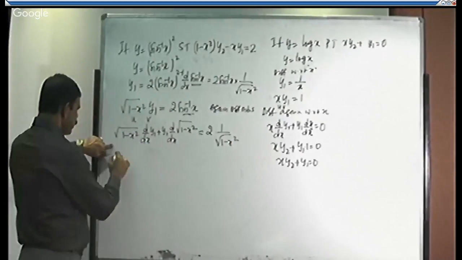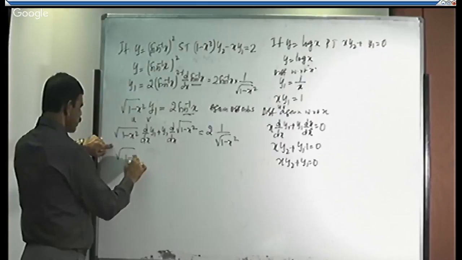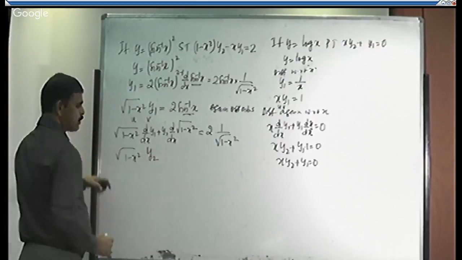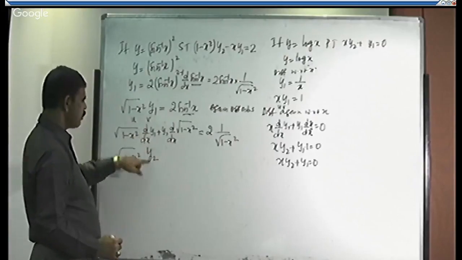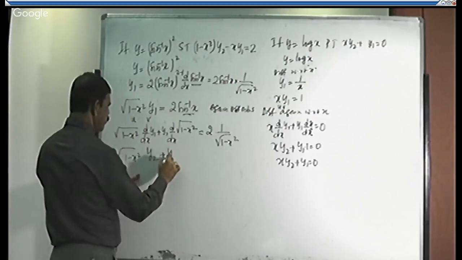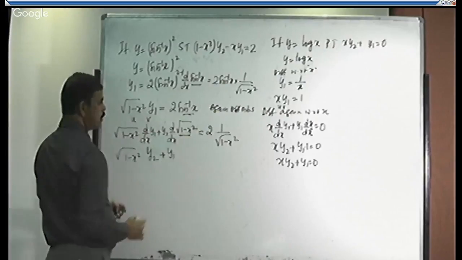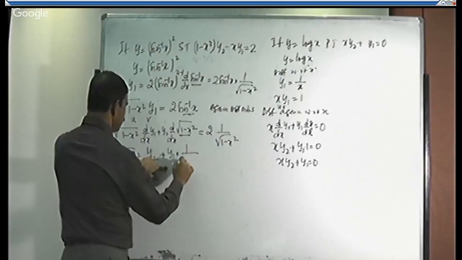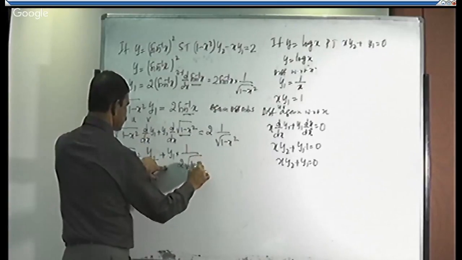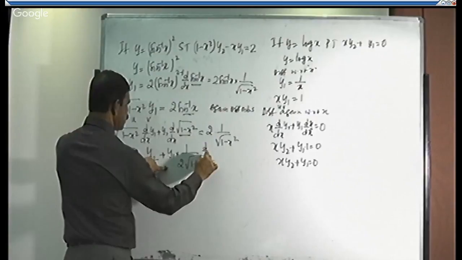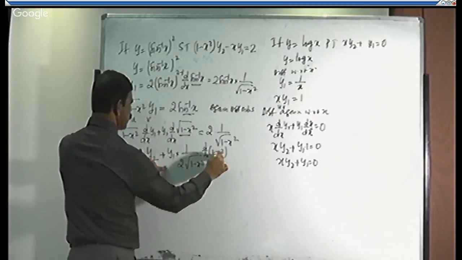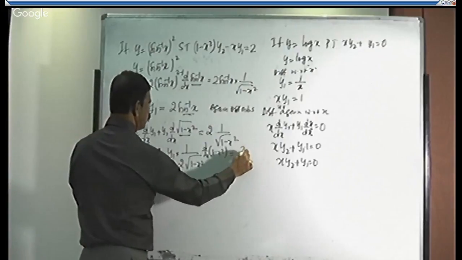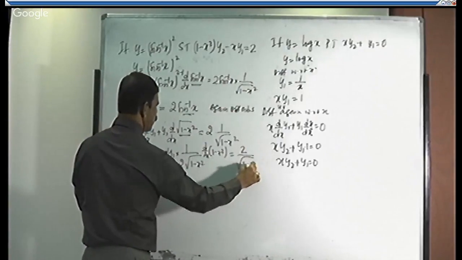Okay. This root of 1 minus x square will be taken as it is. Differentiation of y1 is y2, d square y by dx square, plus y1 into, how to differentiate this root of function? Root function, it is 1 divided by 2 root of 1 minus x square into d by dx of function. D by dx of function, right, is equal to 2 divided by root of 1 minus x square.